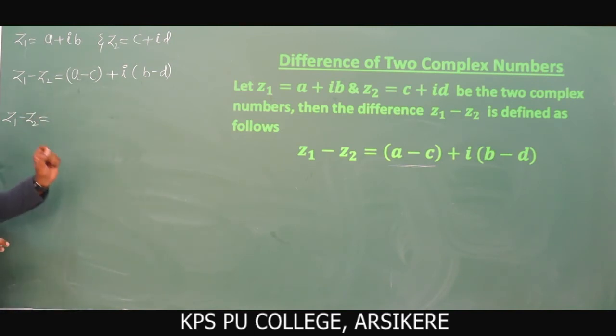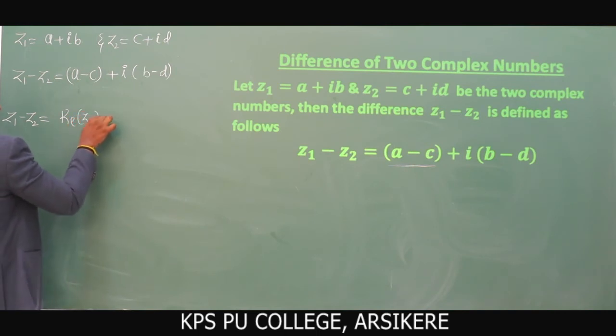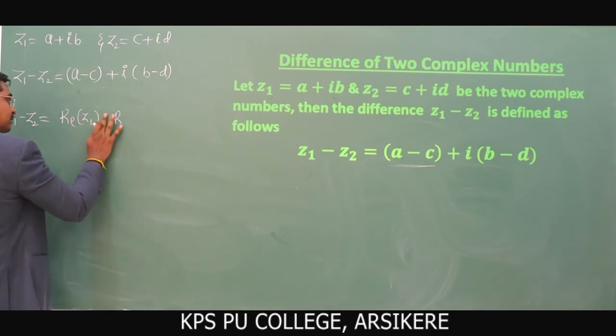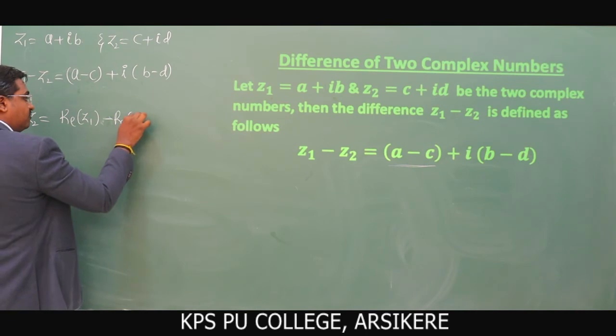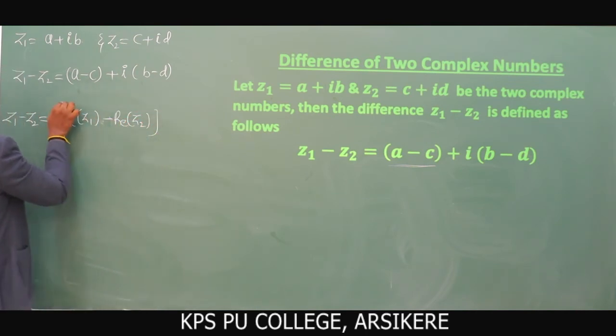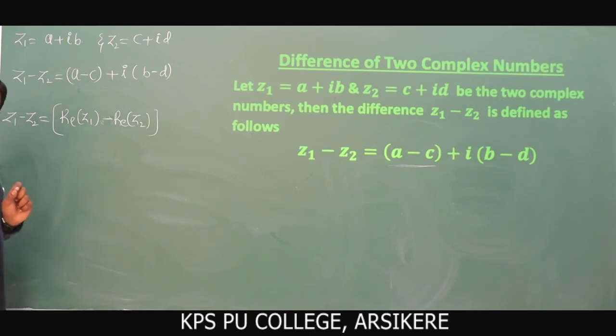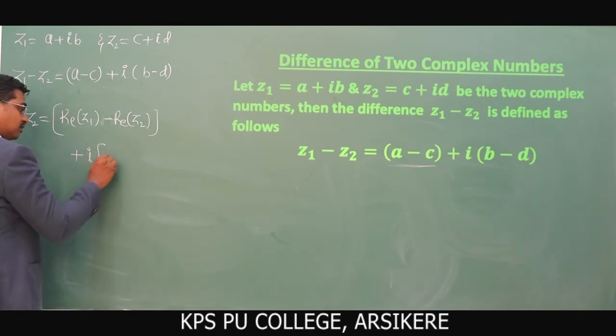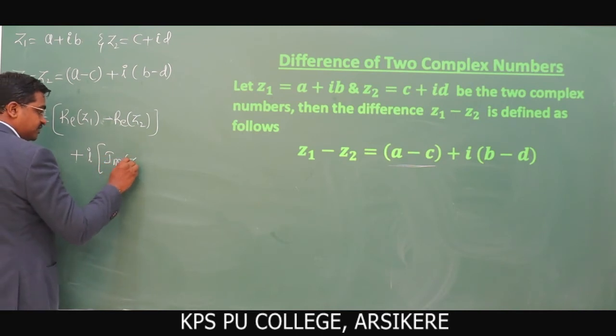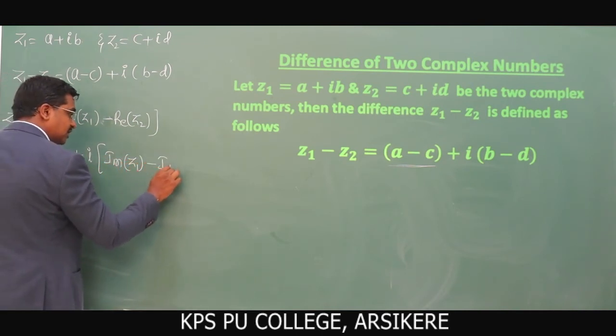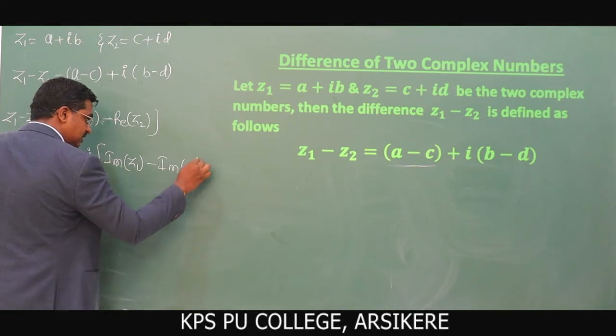A is the real part of Z1. RE of Z1 plus, sorry, minus RE of Z2. Real part of Z1 minus real part of Z2 plus I times imaginary part of Z1 minus imaginary part of Z2.